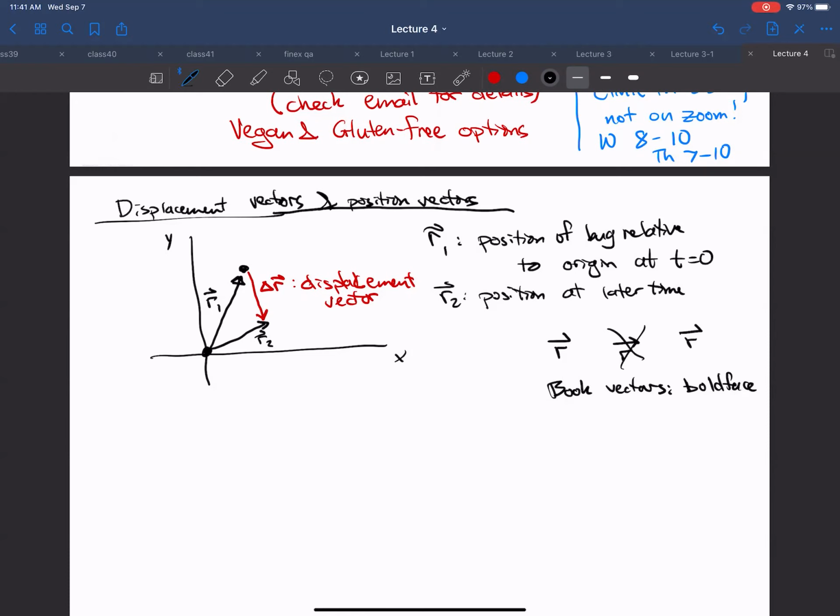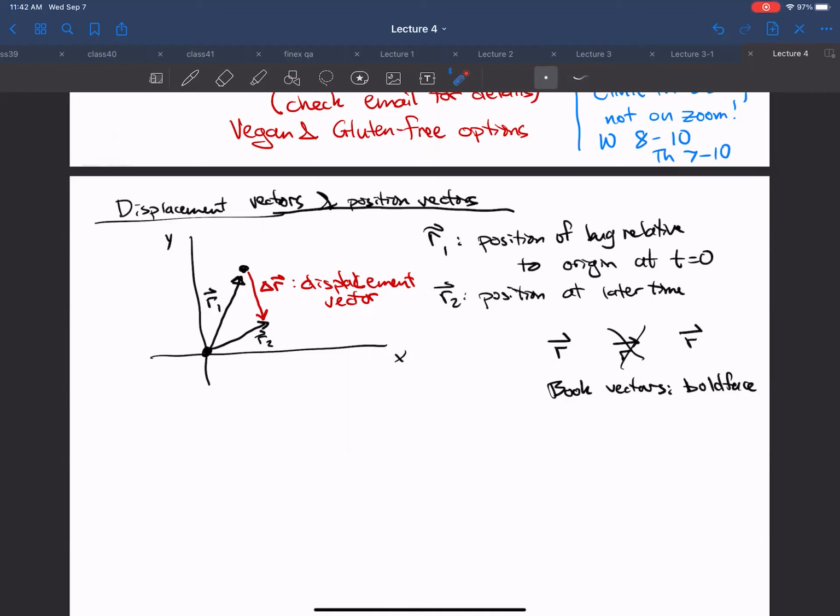So we saw that we could define a displacement vector, which goes from the initial position of the bug, R1, to the final position of the bug, R2. Oh, I forgot one important thing. I want to introduce a teaching assistant, Logan, who's right there, and he'll be assisting me and Professor Kazi during the small group discussions. There's a lot of you, and it's kind of hard for one instructor to get around to everybody, so Logan will be helping out with that. He is also one of your clinic teaching assistants, so you might see him there as well.